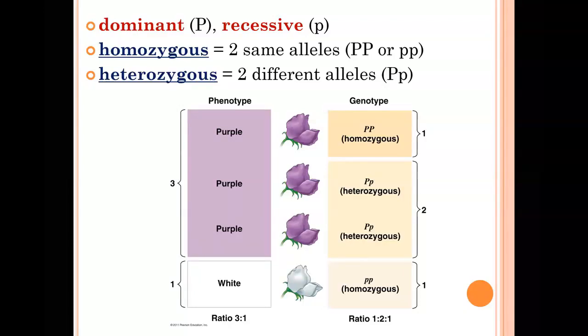I prefer to pick letters where the uppercase looks a lot different than the lowercase. So for hair, I would do the letter H. Straight hair could either be big H, big H, or it could be heterozygous, big H, little h. Curly hair is going to be little h.